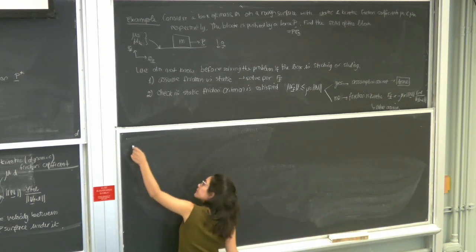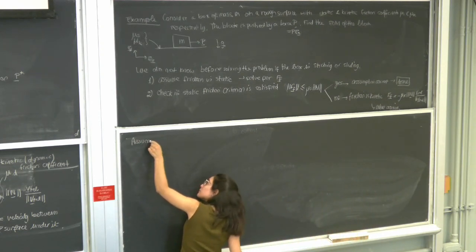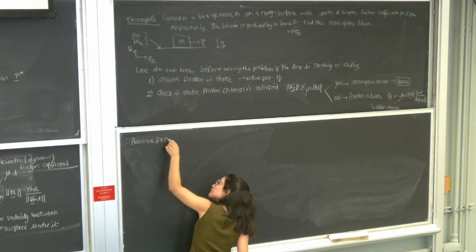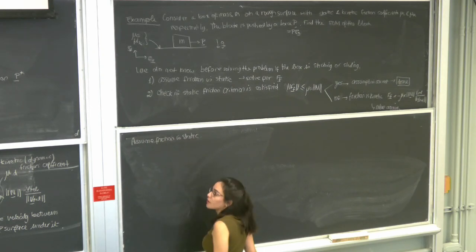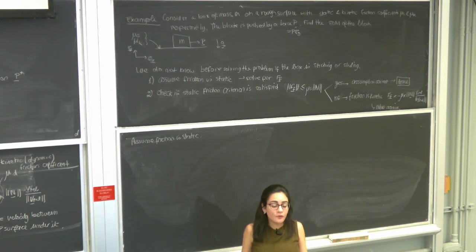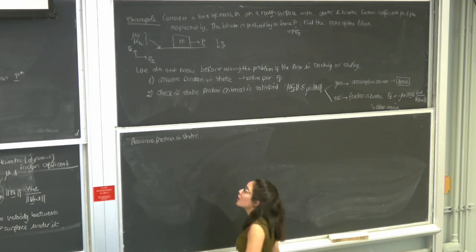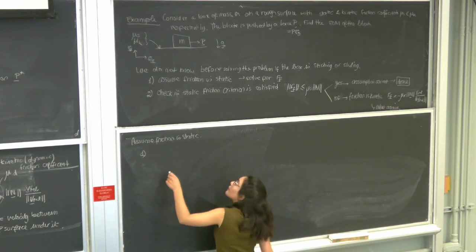Assume static friction. Okay, and we're still going to follow our 4 steps to solve for the friction force. So step 1, we're going to set up our bases.